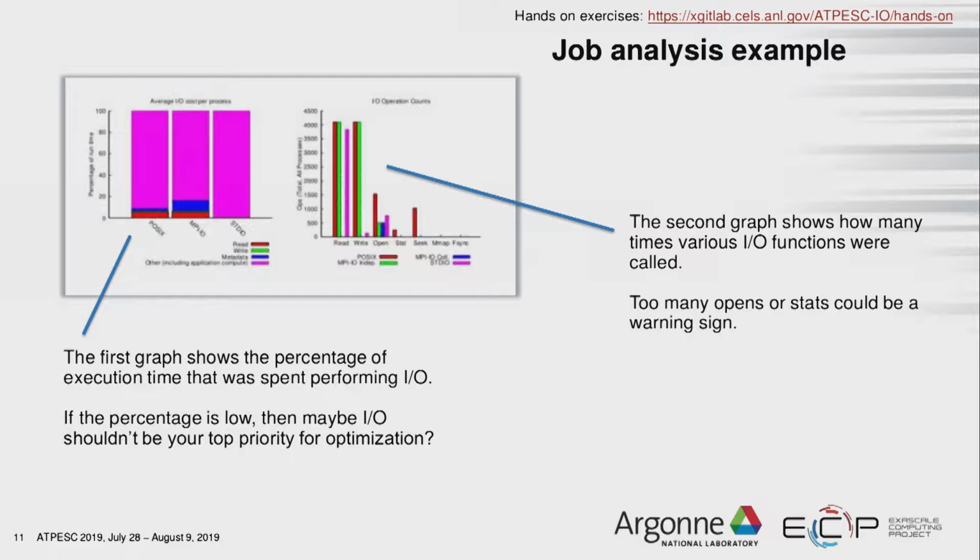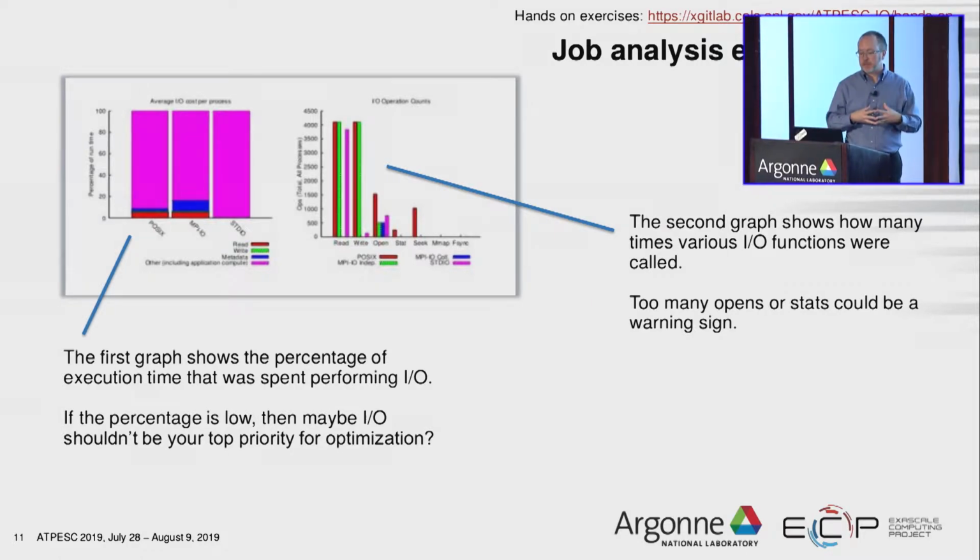The sort of fuchsia color here is things that were not I/O. Darshan doesn't look at anything else, so you could be doing anything with that time, but we assume it's compute or communication or whatever. The red and green and blue is time that was spent reading, writing, and accessing metadata.